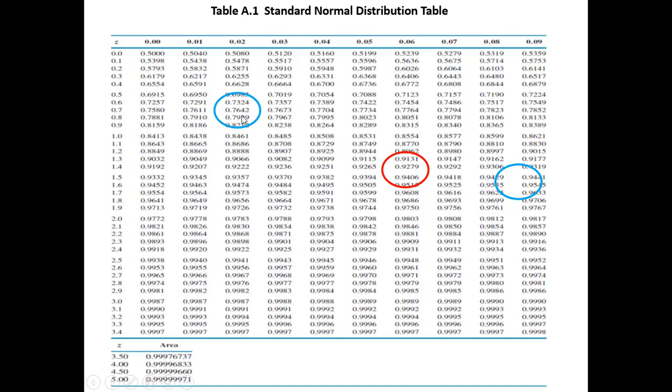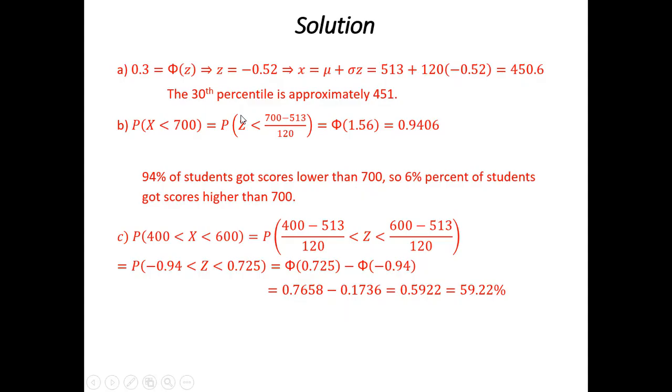Okay, so you can see I have 0.7642. Okay, so you can see here 0.7658. Now this was obtained using some sort of technology, and so you can see this is close to what we have. But if you go to 0.725, then you get 0.7658.